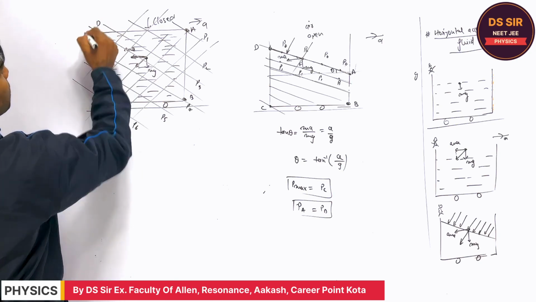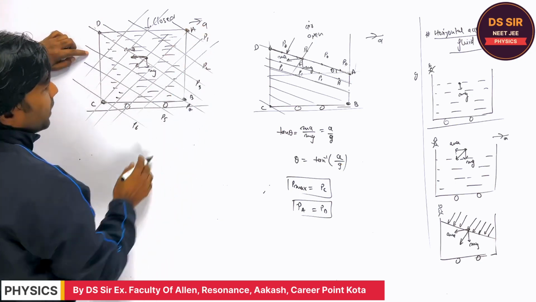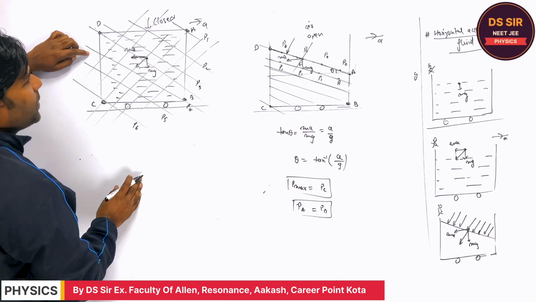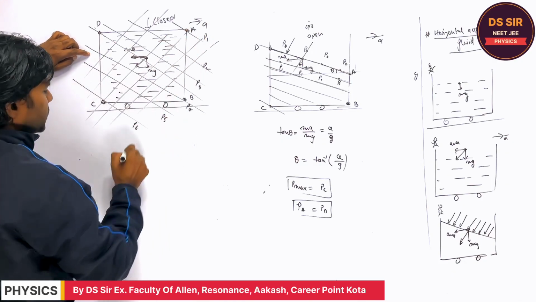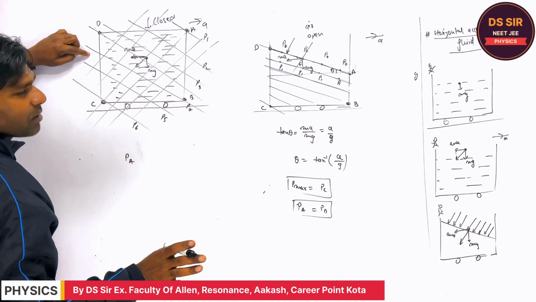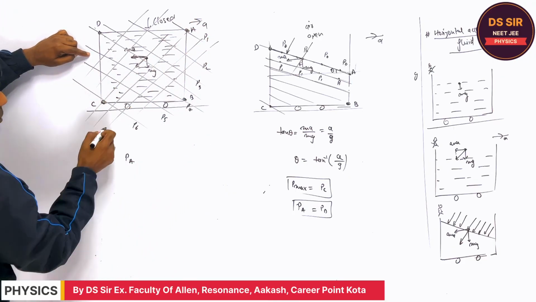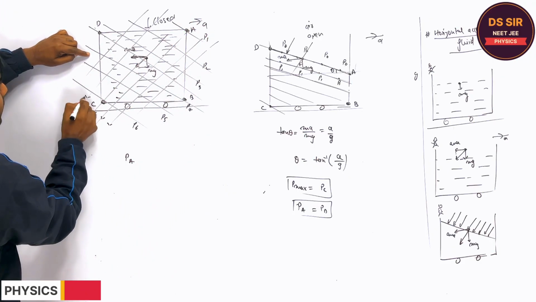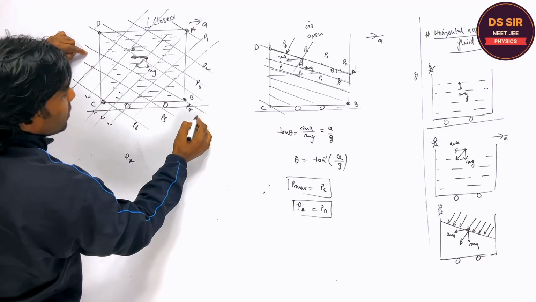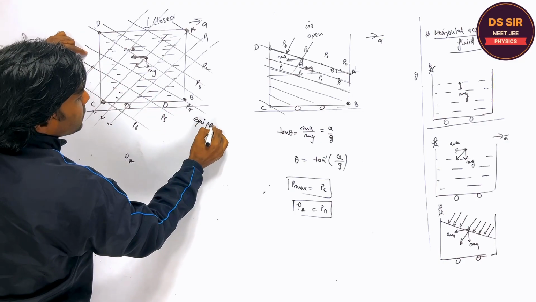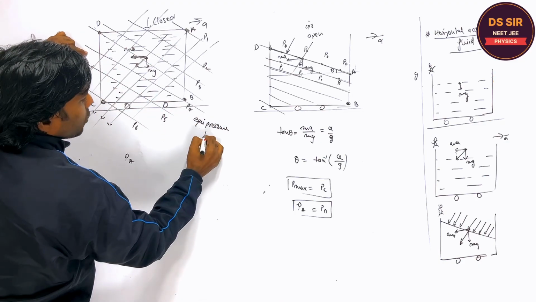You tell me: where will the minimum pressure be? At A. Is it clear? The pressure is increasing in this direction along the net resultant force, and these are the equipressure lines. Very important question, right? Concept.